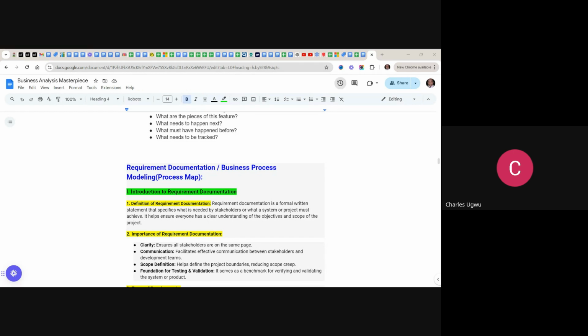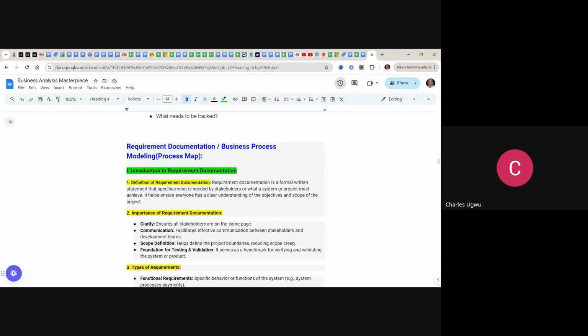It's a formal written statement that specifies what is needed by stakeholders or what a system or project must achieve. It ensures that everyone has a clear understanding of the objectives and scope of the project.